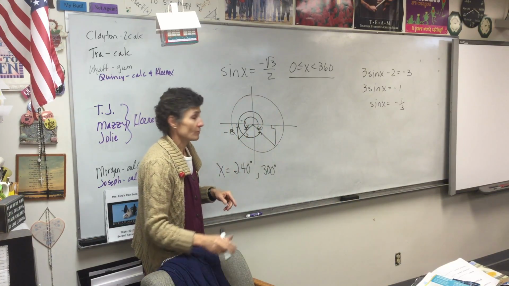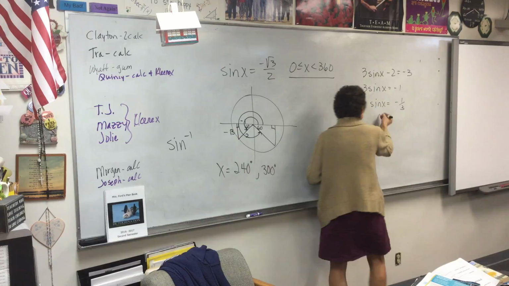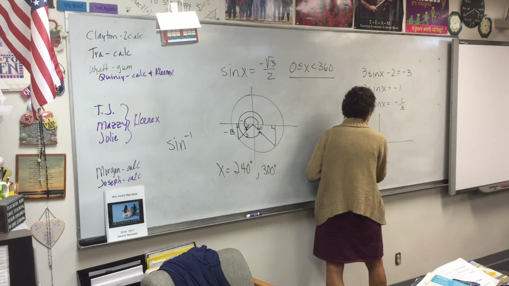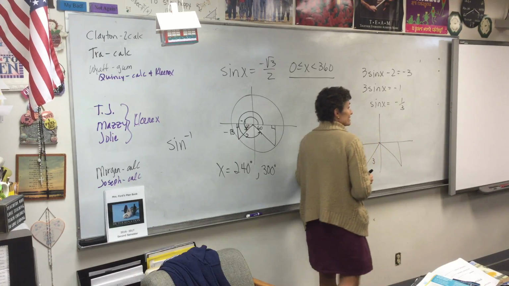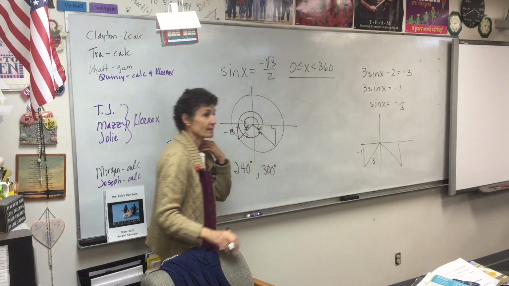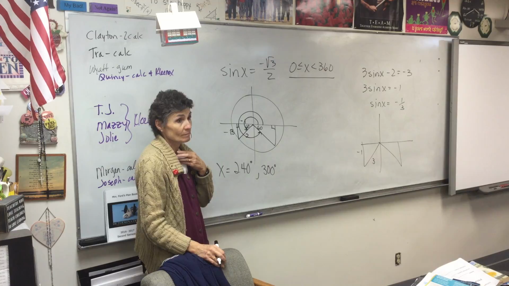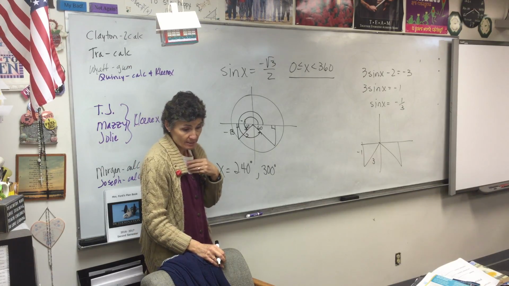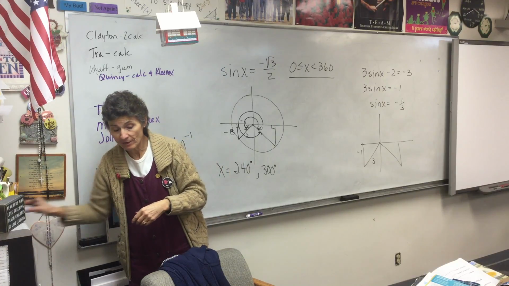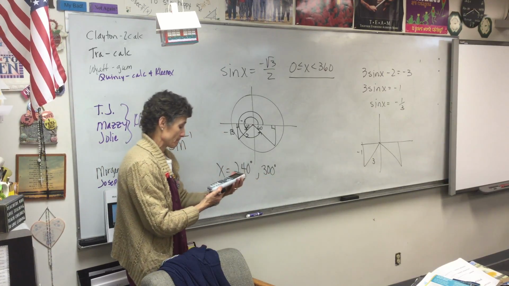Now, the sine's negative. That's here and here. But negative 1/3 is not an angle that I can recognize, right? Don't have it memorized. So I need to go to my calculator and figure out what that angle is.